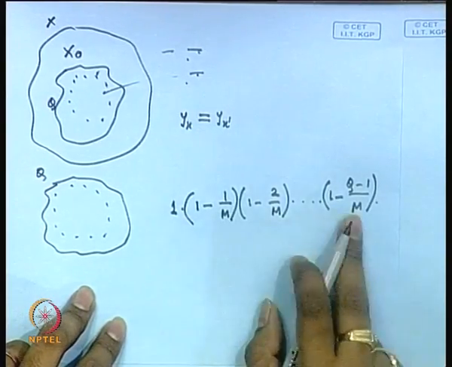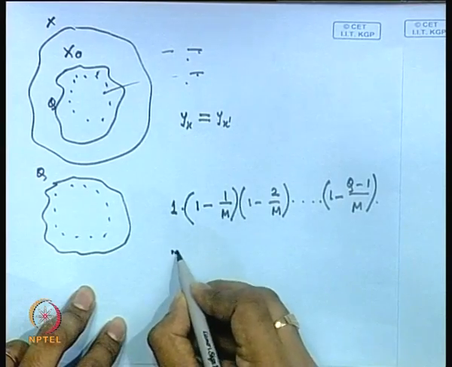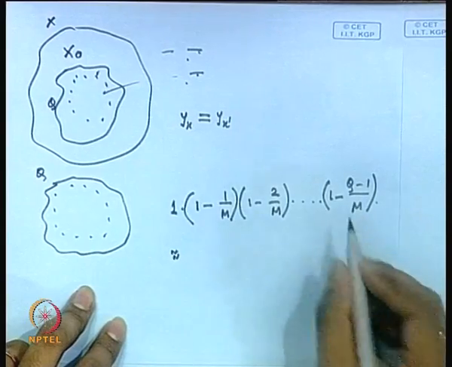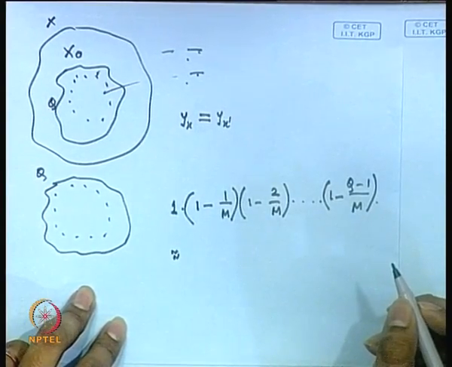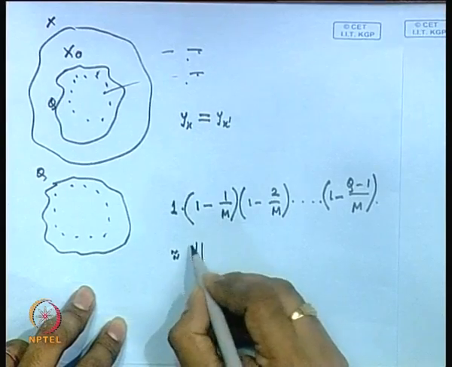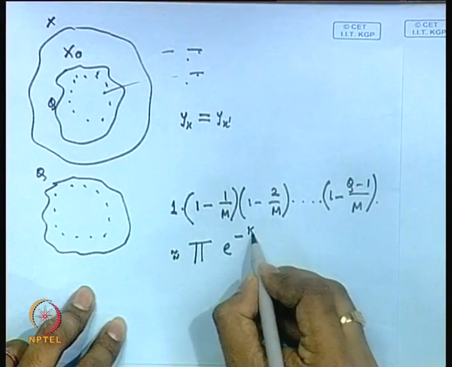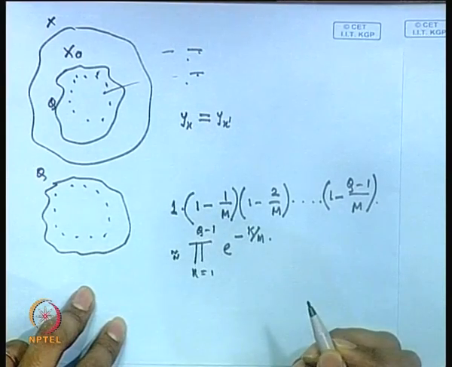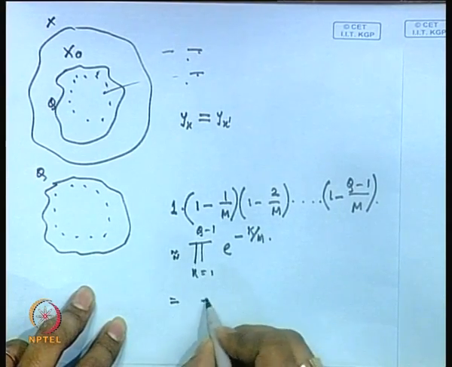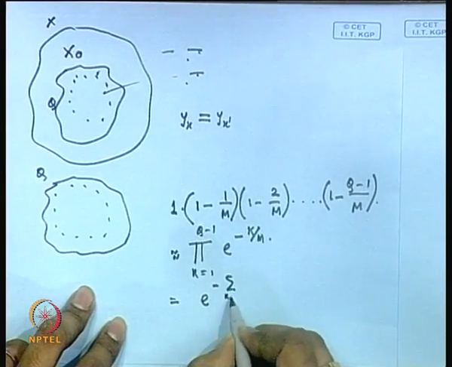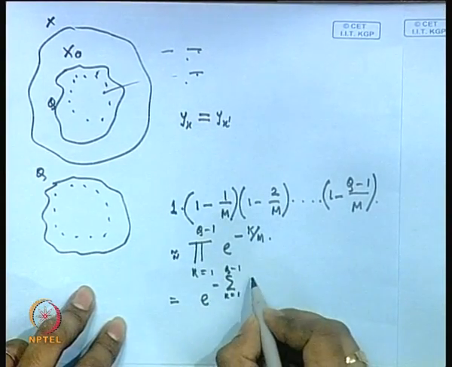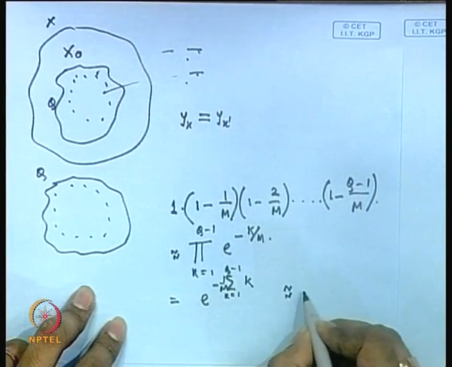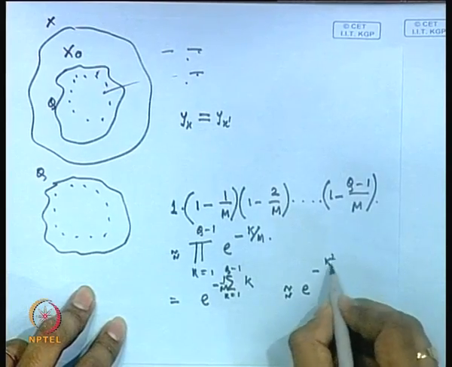You can actually approximate this. The 23 is only for m, and m is some value. So you can approximate this by a value, say e to the power of minus k by m, where k runs from 1 to q minus 1, right? And then you can write this as e to the power of minus sigma k equal to 1 to q minus 1, k by m. So it is roughly equal to e to the power of minus q square by m.